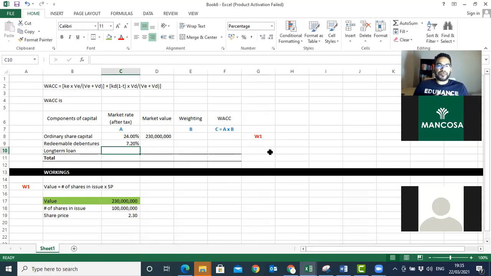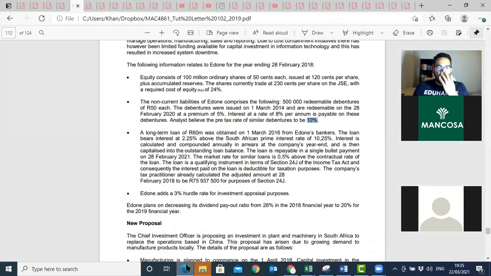Now, we need to determine the market value. So if we go back to determine the market value, we identify whether it's redeemable or non-redeemable. We know it is redeemable because it has a specified date of repayment. So therefore, we can either use a cash flow table or the financial calculator. You can only use the financial calculator if you can plug in the numbers.